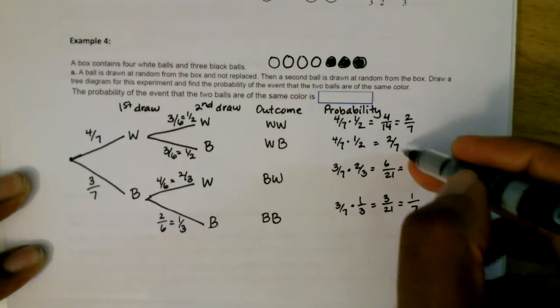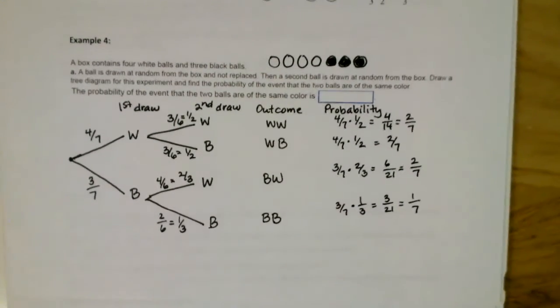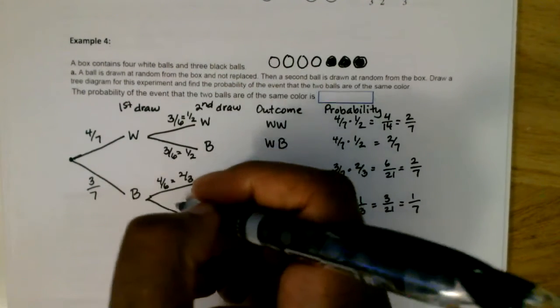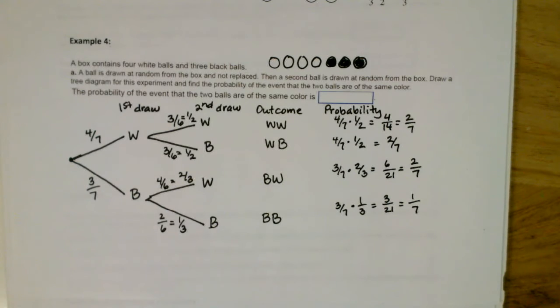So if I add all those probabilities for each of those outcomes, they add up to 1. And if I add the probabilities along each of these individual branches, they add up to 1 as well.